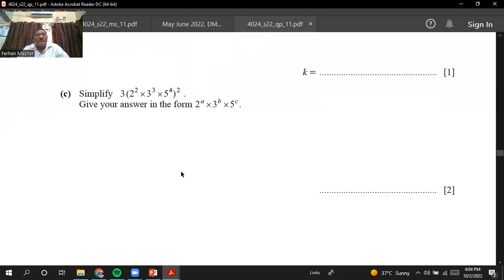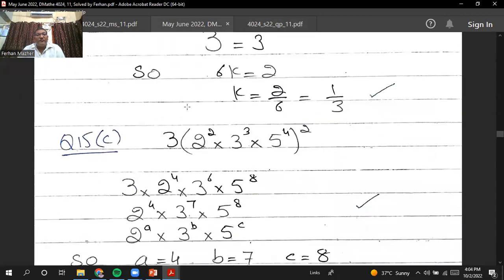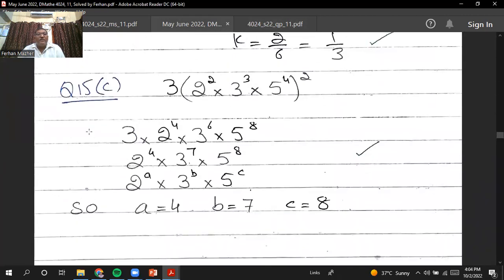Okay, so we are going to the next question, C part. He says simplify 3 × (2^2 × 3^3 × 5^4) all squared. So you have to write this in this form. So we will multiply them. You will have 3 multiplied by 2, and this power is for all of them. So they will give this power to this. So it will become 2 raised to power 4. When you give this power to this, you will have 3 raised to power 6.